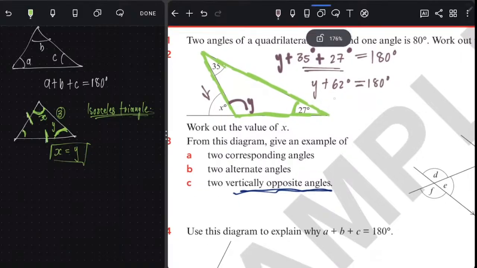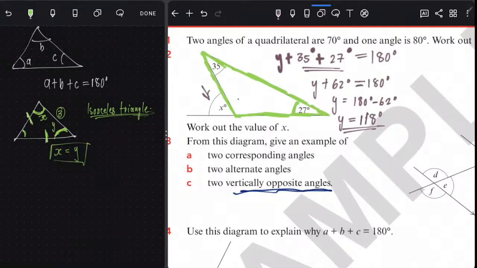So what will be the answer? Y will be 180 degrees minus 62 degrees. What do you get for Y? 180 minus 62 gives 118 degrees.